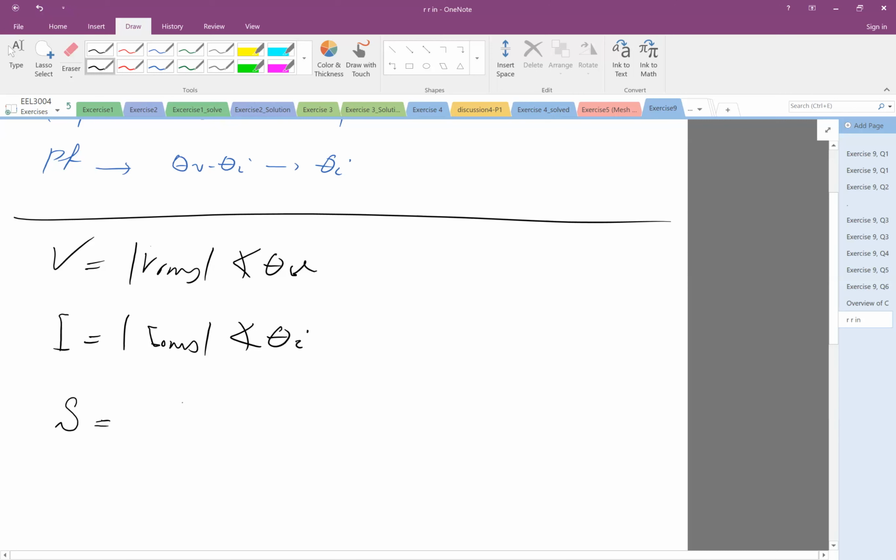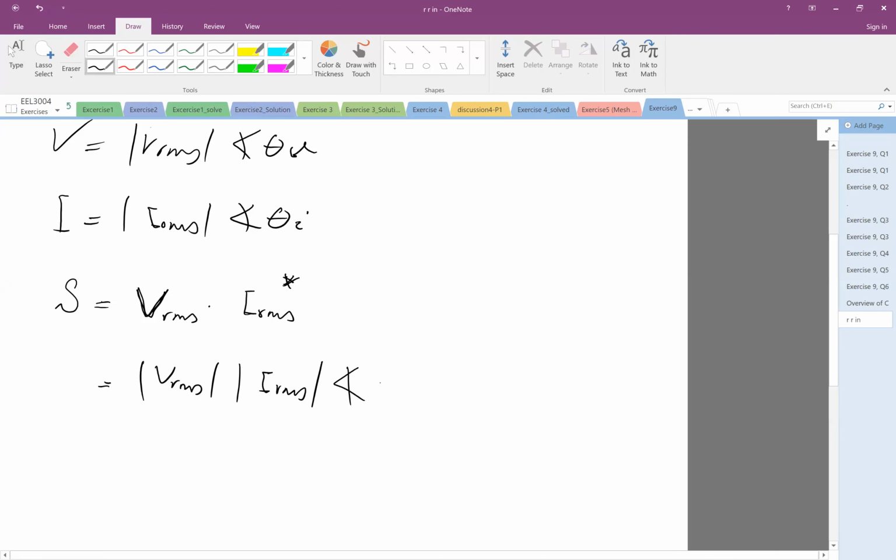For this one, there are different ways. For example, you can go with V RMS times I RMS conjugate. This is one way of doing that, or because you already have the magnitudes, you can say, I have the magnitude V RMS, I have the I RMS, and then the angle is basically theta V minus theta I.